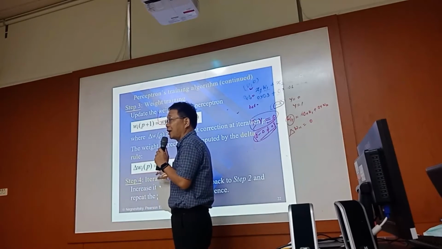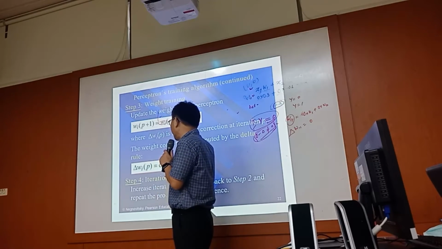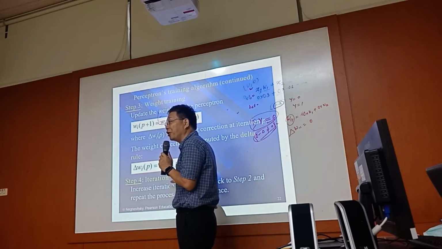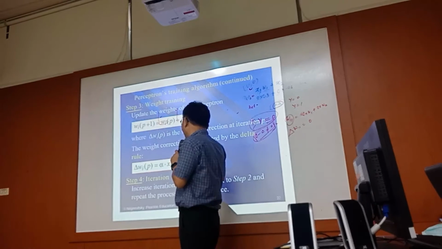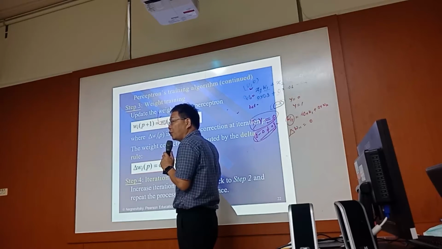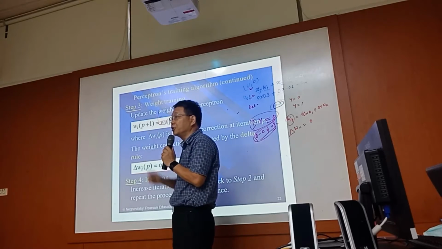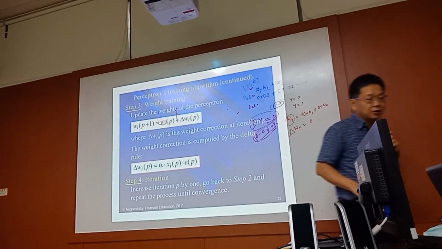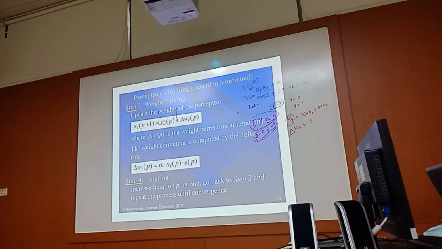This one is based on our multiplication of the input node and multiplication of EP. EP is YD minus YP, that is the error. Okay.